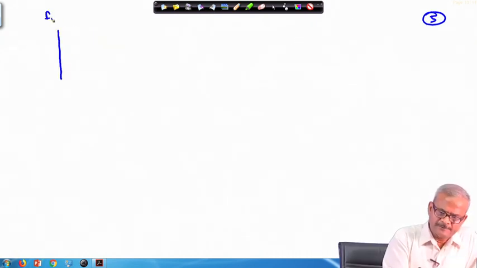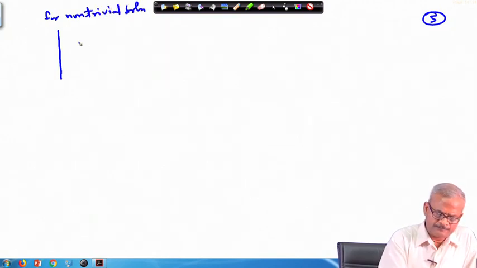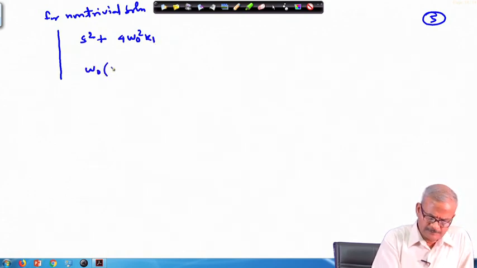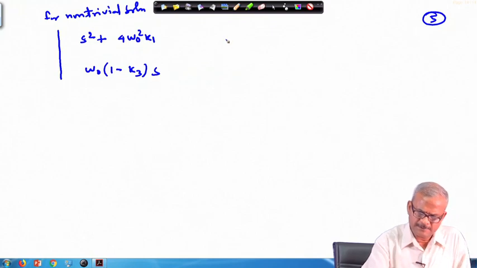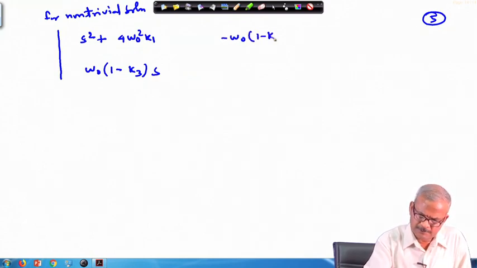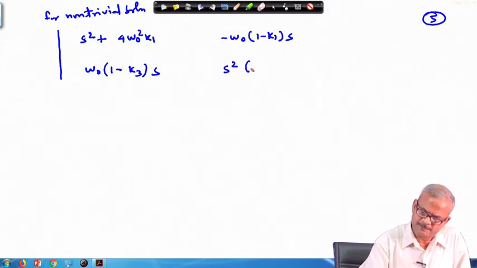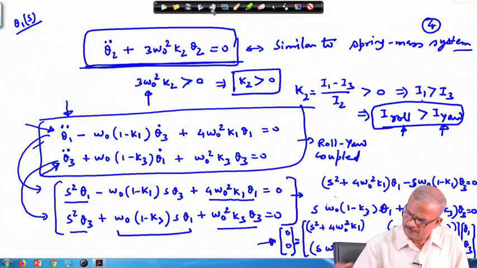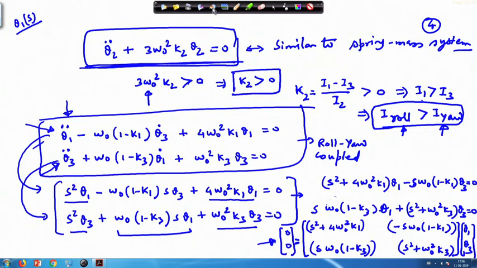So, we must have, for a non-trivial solution, s square plus 4 omega 0 square k 1, and here omega 0 times 1 minus k 3 s, 1 minus k 1 times s, plus s square plus omega 0 square k 3.